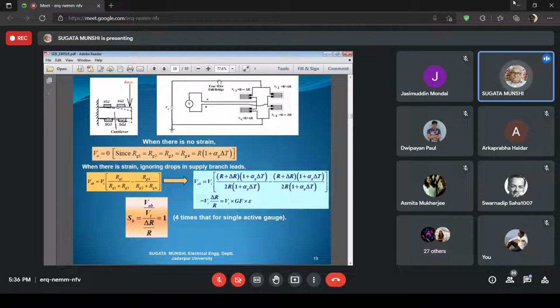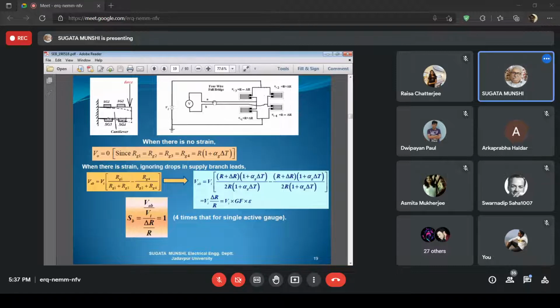They appear only in the supply branches and in the output branches. So if this source Vi has very low output resistance, there will be no loading of this source. Similarly, if this voltmeter has very high input resistance, then there will be no conspicuous drop in these output leads.